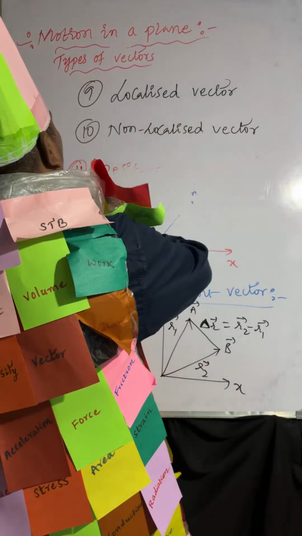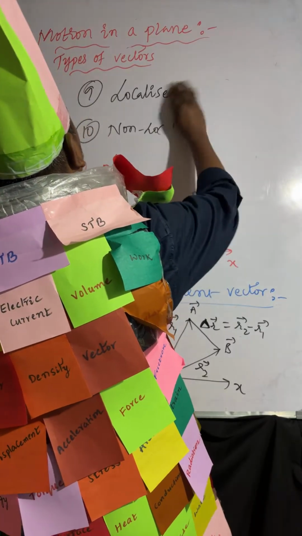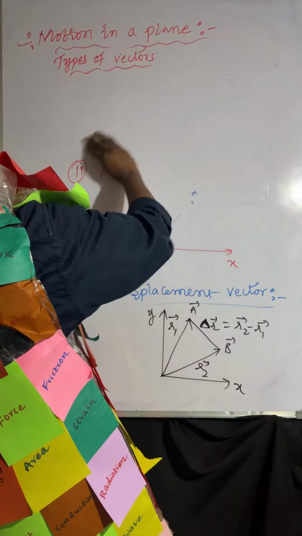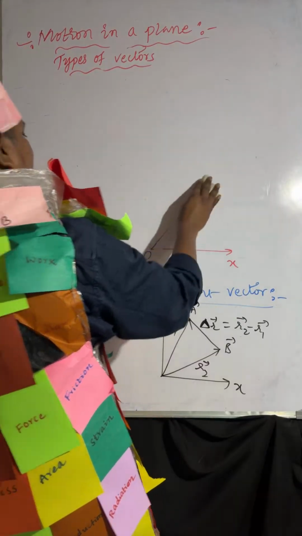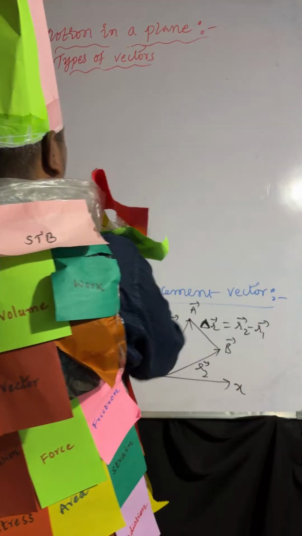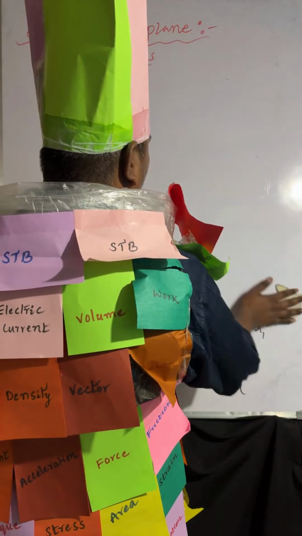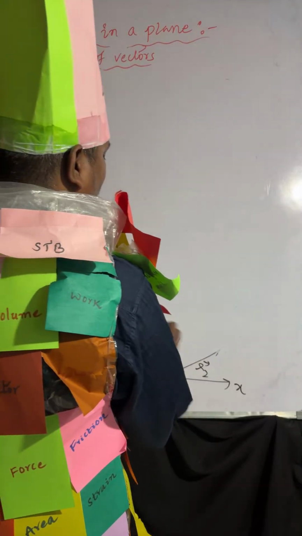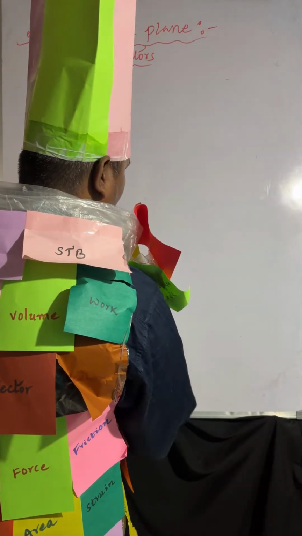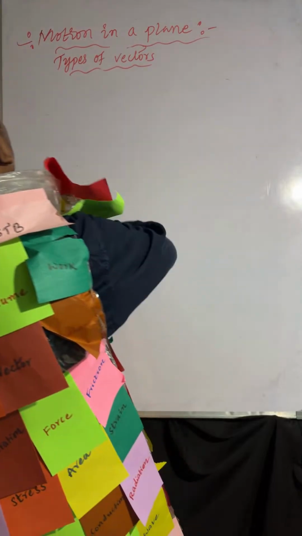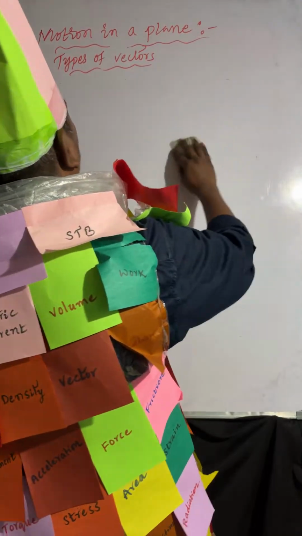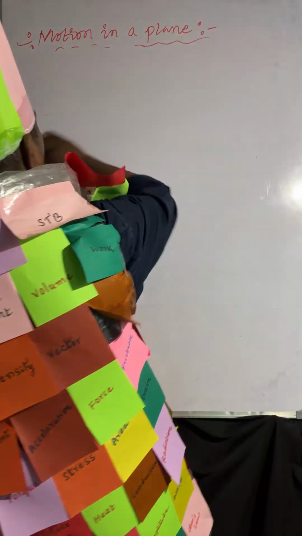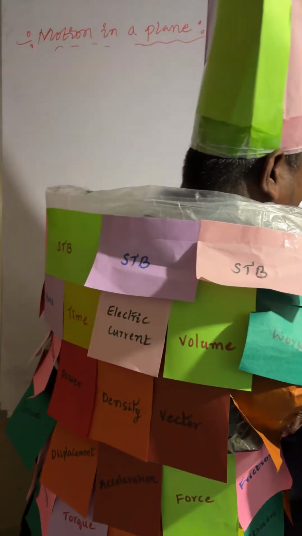So I'll discuss one more. So types of vectors completed. Now we'll discuss addition of vectors.